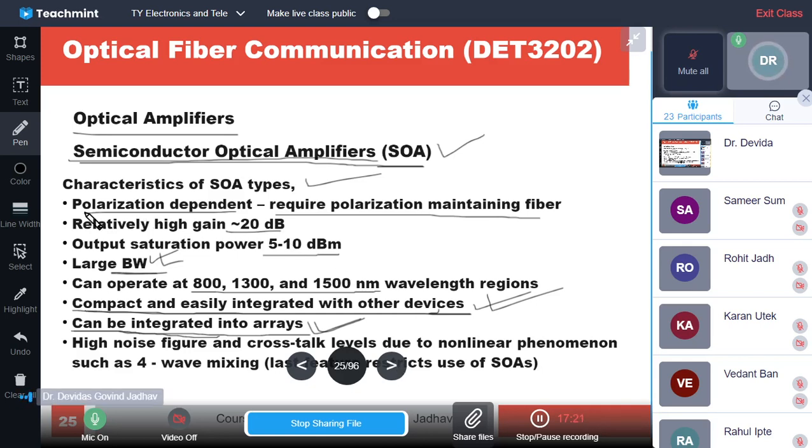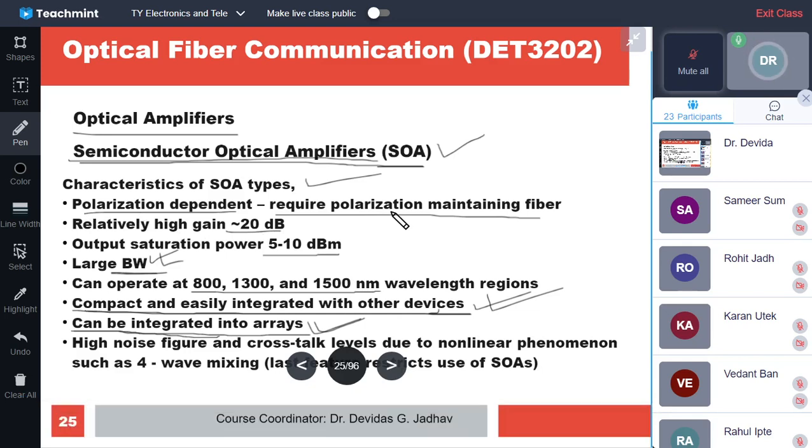It is polarization dependent, so it requires polarization maintaining fiber, and only then is it used. This is also to be taken care of. Relatively high gain is there, it provides 20 dB, and output saturation power is 5 to 10 dBm.